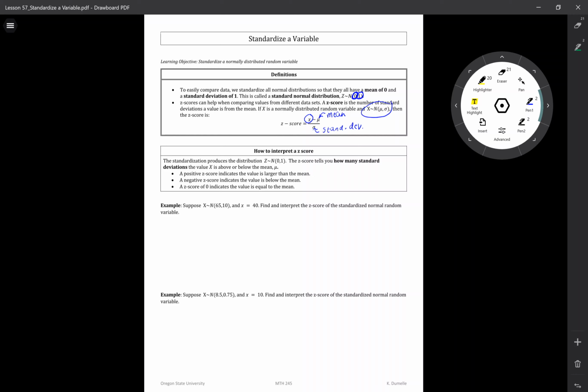So we have a distribution here, x is N(65, 10). What is this telling me? I have a random variable x with a normal distribution where the mean is 65 and the standard deviation is 10.